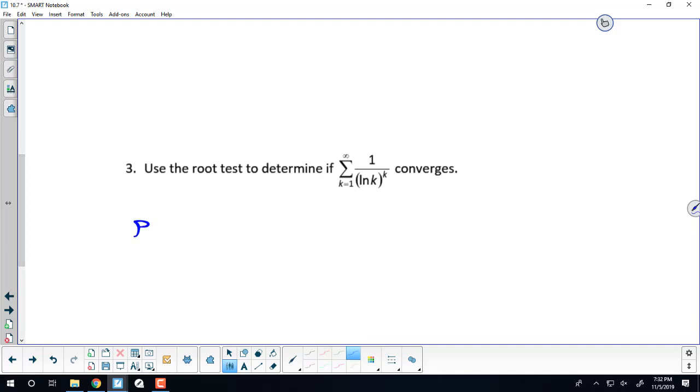We could say that our root rho is the limit of the kth root of the absolute value of our a sub k, which is that.